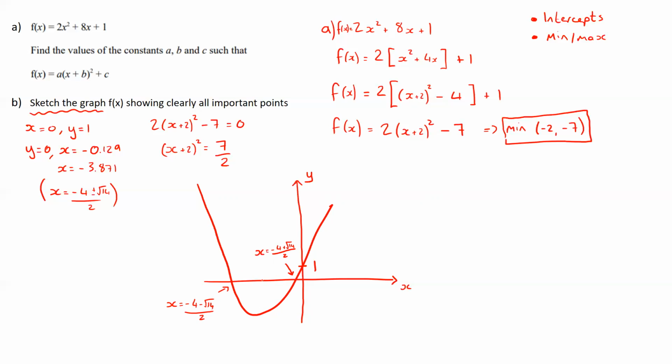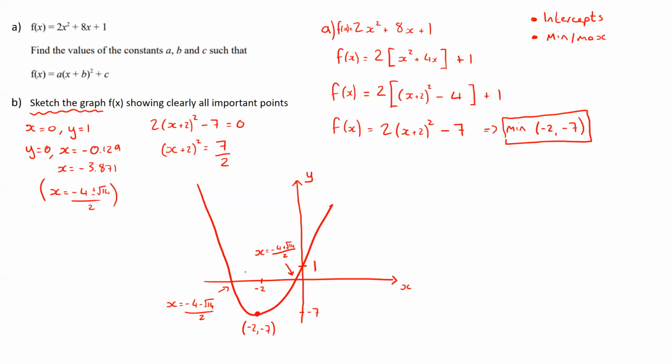And the other really important point is this one here. So there's minus 2, and this point here is minus 7. So again, you can just label that underneath if you want, just to make it a bit easier. But what we wanted to label here are the roots, the intercept, and the turning point. If you've got all of those, you're going to get full points for this question.